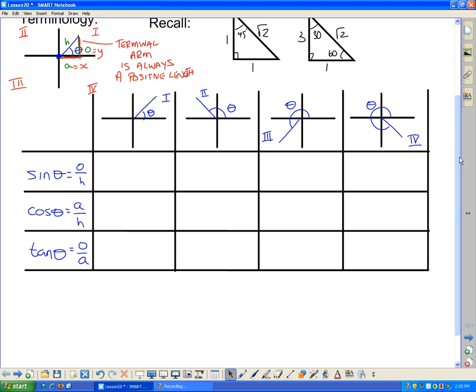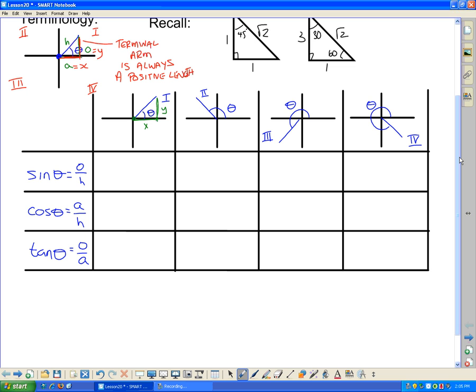So first quadrant, start there. To make the right angle triangle, starting at the origin, I would go to the right, and then I would go up. Well, if I go to the right and I go up, that means that my x value is positive. So x is positive, and y is positive, because it's in the positive directions.